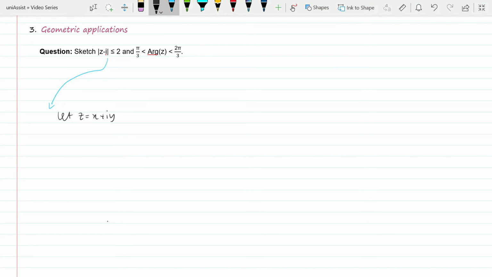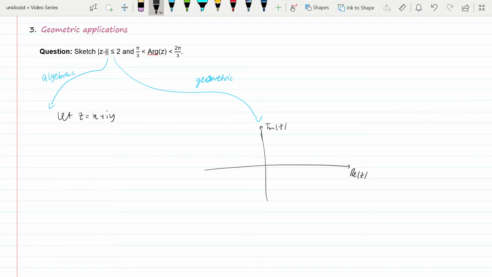So with the geometric, you always have to do a plot. Let's label some arbitrary complex number z.